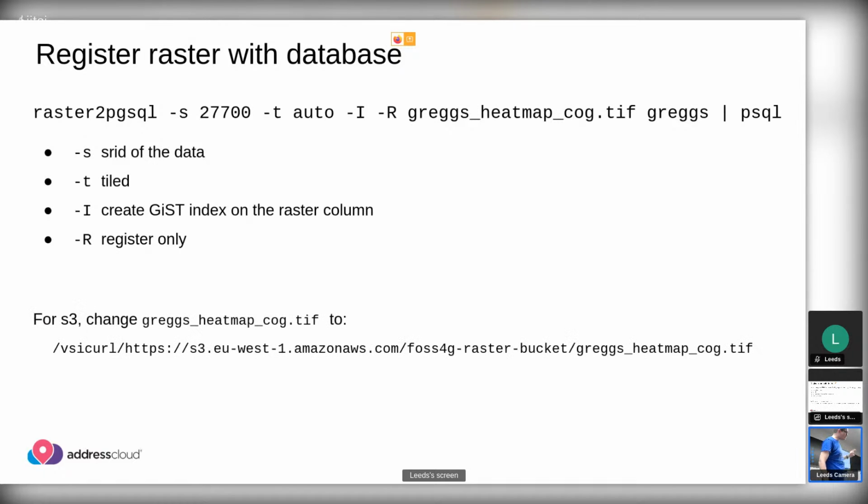If you were doing this into the cloud, you need to change where it says greg's heatmap cog.tif. If you were trying to talk to an object that's in S3, then you would have to use this virtual file system that GDAL has, /vsicurl/, and then give it a URL. What this does is allow PostGIS to use an HTTP interface to talk to an object.